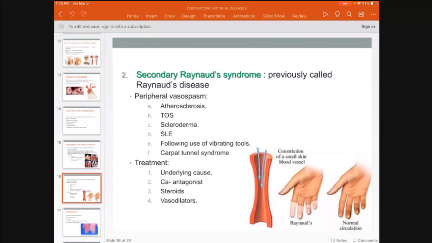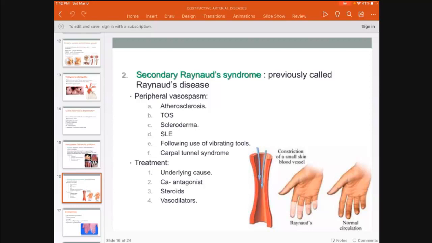Or maybe scleroderma, or systemic lupus erythematosus, or, as I mentioned, patients who use pneumatic vibrating tools for a long time, which leads to this problem. Or maybe carpal tunnel syndrome.